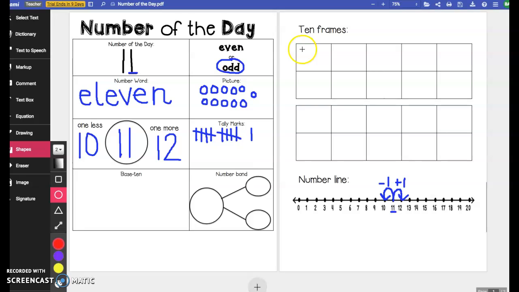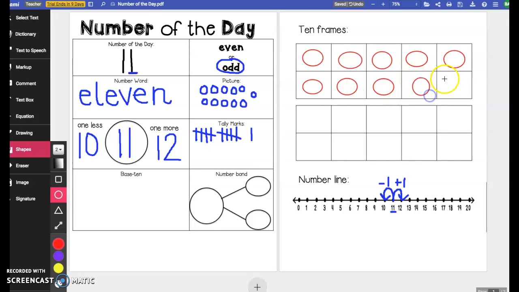Count with me as we go. 1, 2, 3, 4, 5, 6, 7, 8, 9, 10, and then we need one more to get to 11. So we could put 10 in our head, because we know if we see a full 10 frame that is 10, 10, and then we count on 11.